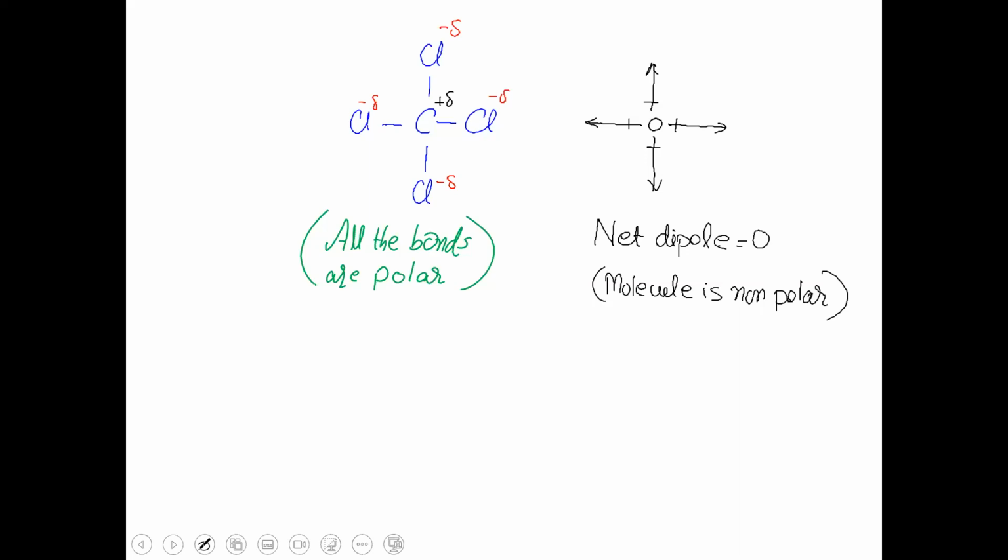I repeat, listen carefully: there are two different concepts, bond polarity and molecule polarity. Bond polarity comes from the difference of electronegativity and molecule polarity comes from the shape. If the bond polarities cancel out each other, then overall the molecule will be non-polar.